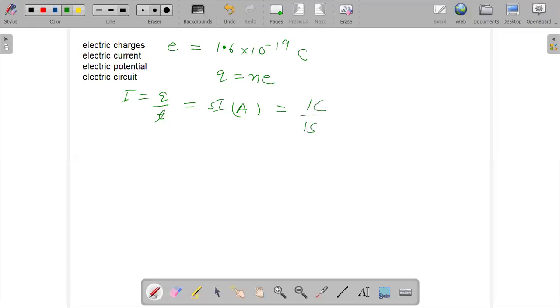So it means if 1 coulomb of charge flows through a wire in 1 second, then we say the electric current through the wire is 1 ampere.